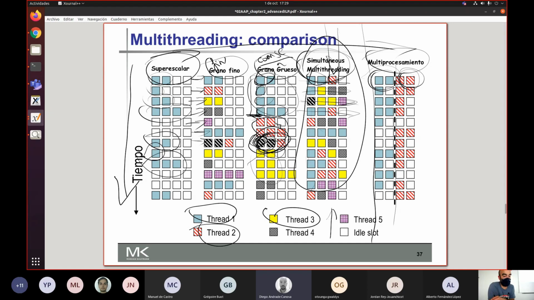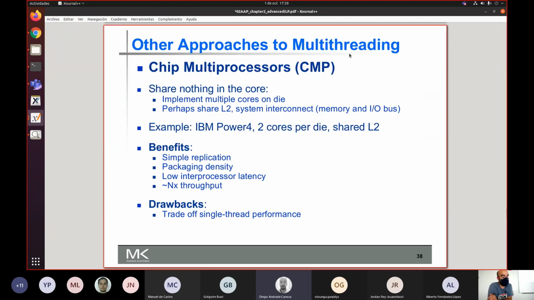I believe that the time with 24 was 0.18 and with 48 was 0.18. It's not a big deal, because simultaneous multithreading is not so effective for OpenMP programs. Okay, so other approaches to multi-threading.